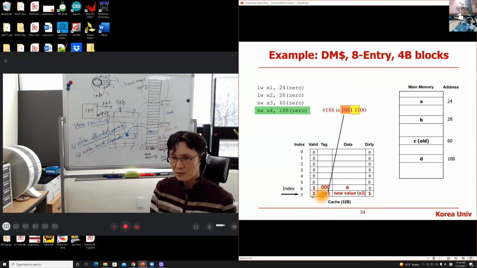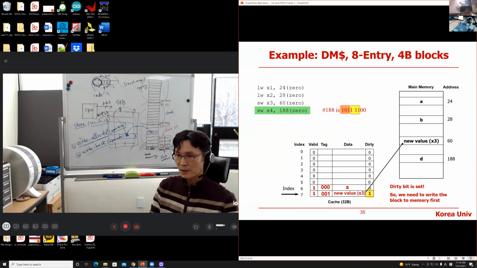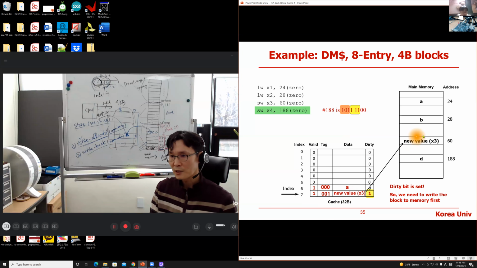Before you replace, before you remove this data, you have to update first, because it is a dirty cache miss and the dirty bit is set. So you have to update main memory. Now you are safe to use that cache entry, because I updated location 60 with the data.